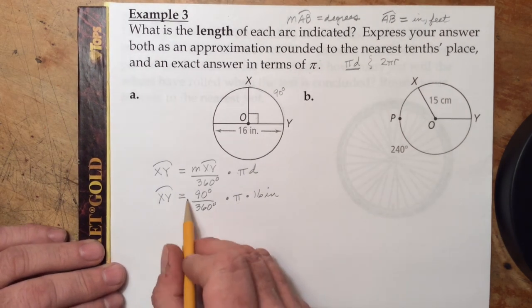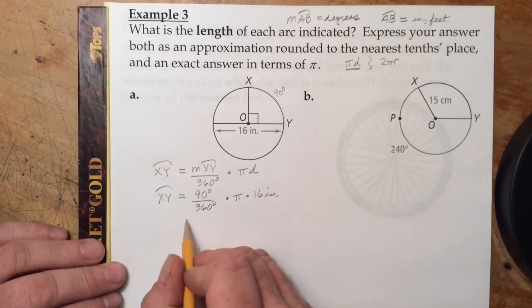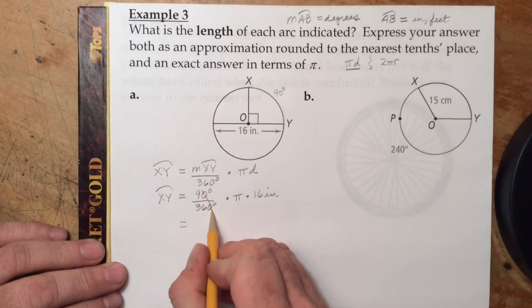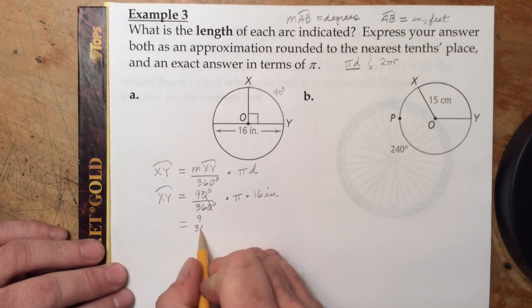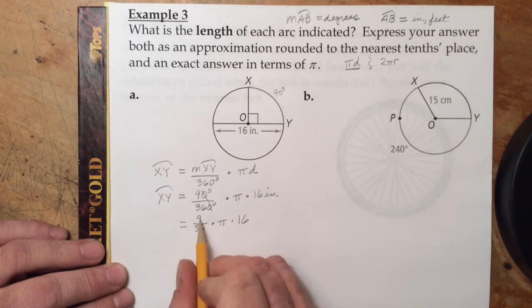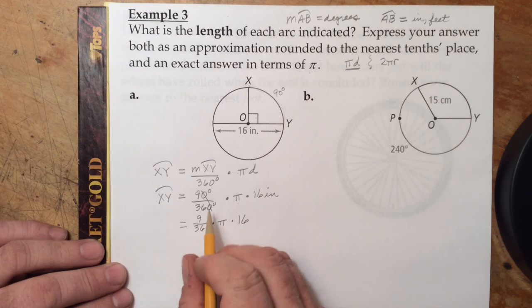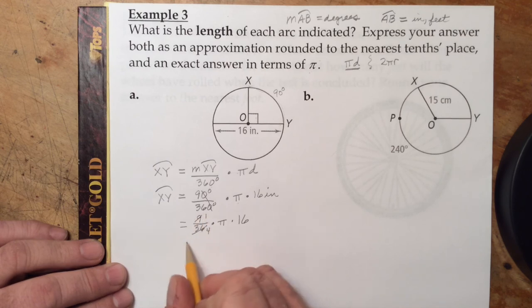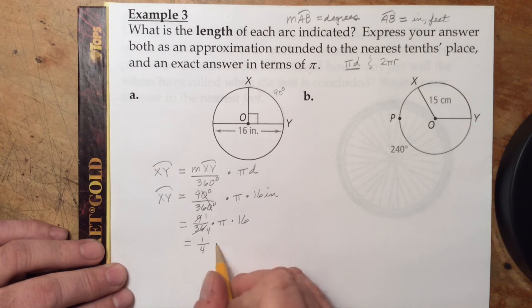So at this point, we start simplifying this. And arc xy's length would be 90 over 360. It divides out by 10, so we get 9 over 36 times pi times 16. 9 over 36 reduces by 9. 9 goes into 9 once. 9 goes into 36 4 times. So now we have 1/4 times pi times 16.